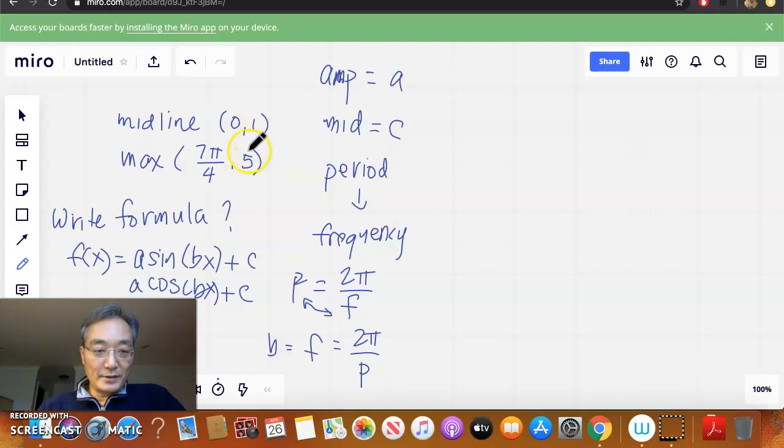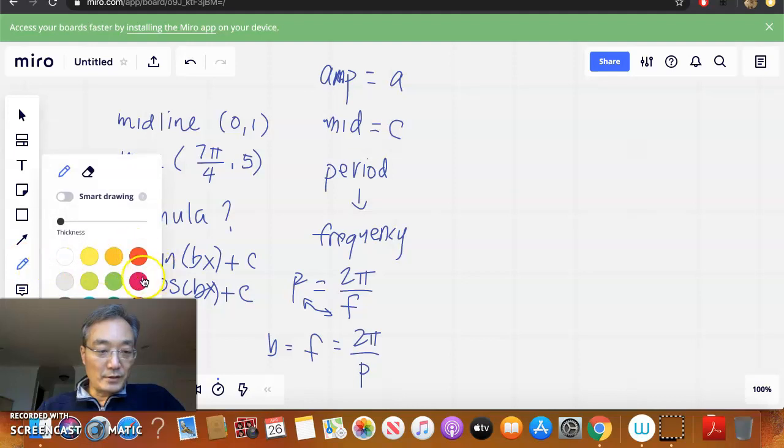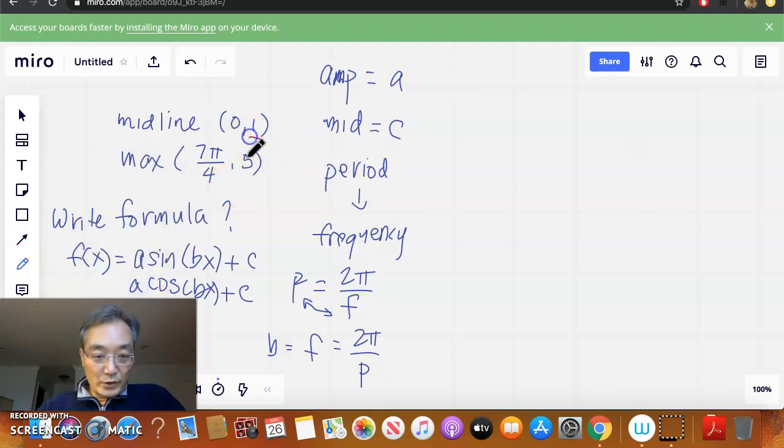We have the y values of the midline and the max. We can use them to calculate the amplitude, and the amplitude, of course, is max minus midline, so it's 5 minus 1, which gives us 4.